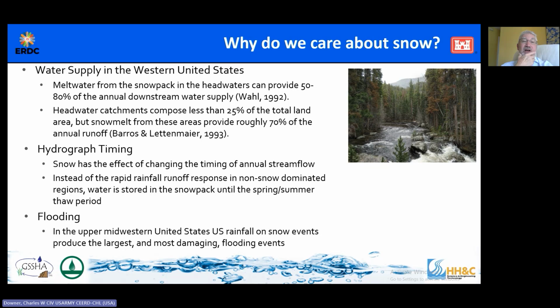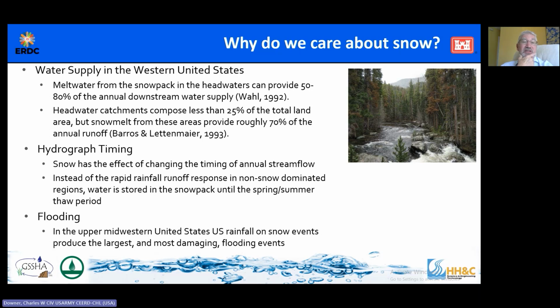When you've got snow, you have a completely different timing of the stream flow. Instead of getting this rapid runoff response in a non-snow dominated region, the water is going to be stored in the snowpack until the spring, summer thaw period.